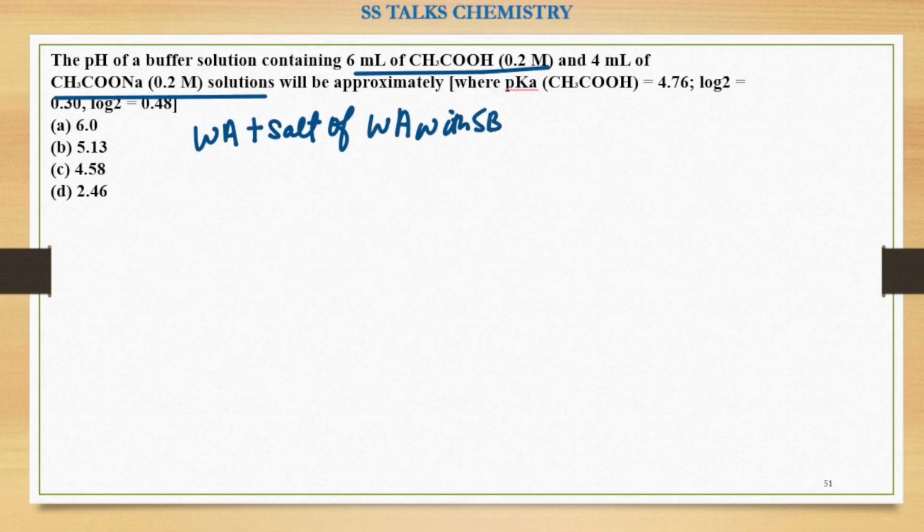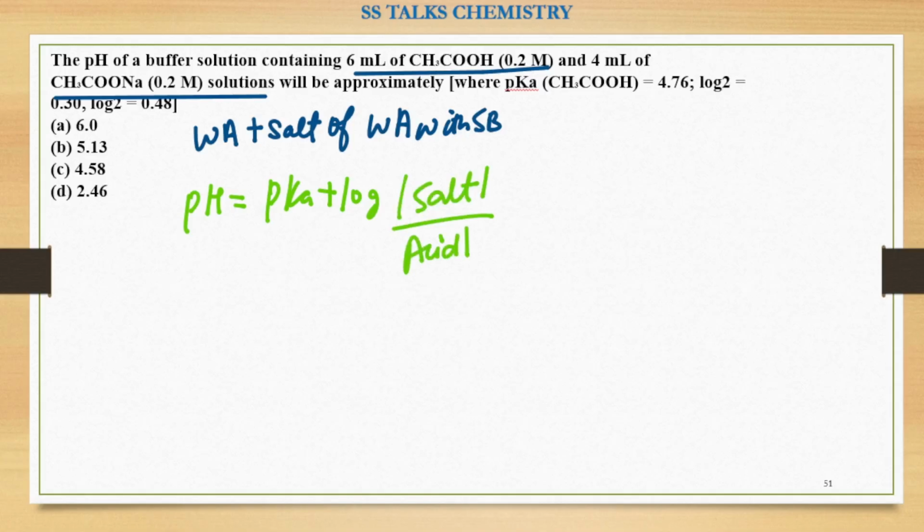So for this we will be using the Henderson-Hasselbalch equation: pH is equal to pKa plus the log of salt upon acid concentration.